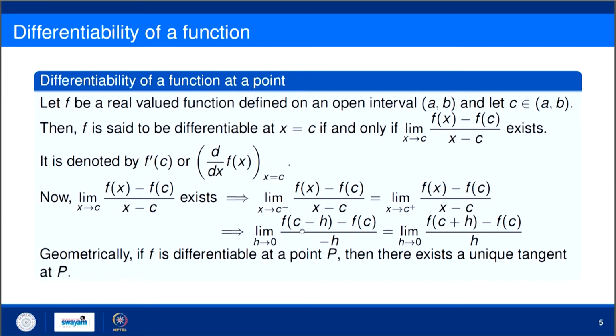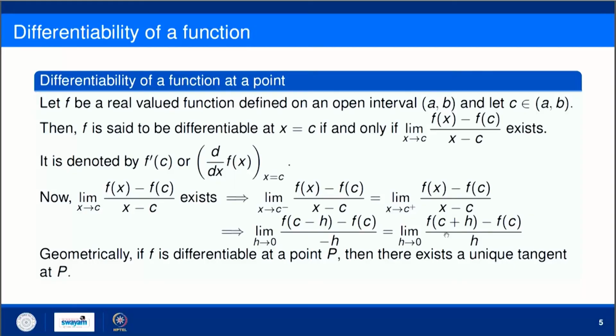So, if these two expressions are equal, then we say that function is differentiable at a point x equal to c here. And geometrically, what does it mean? Geometrically, it means that if we say that a function is differentiable at a point, there will exist a unique tangent at that point of the function f.